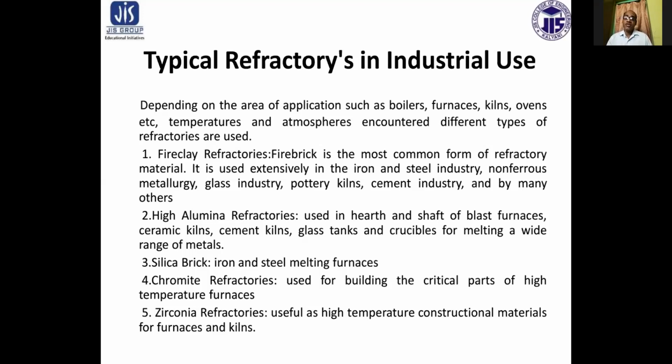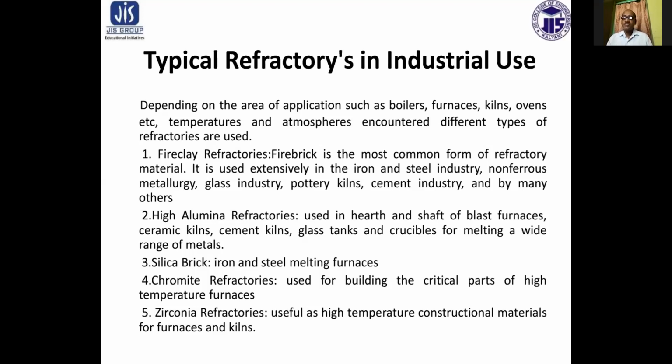High alumina refractory is used in the hearth and shaft of blast furnaces, ceramic kilns, cement kilns, glass tanks, and crucibles for melting a wide range of metals. Third, that is silica bricks, used in iron and steel melting furnaces.